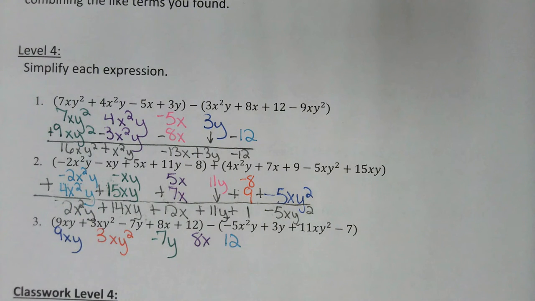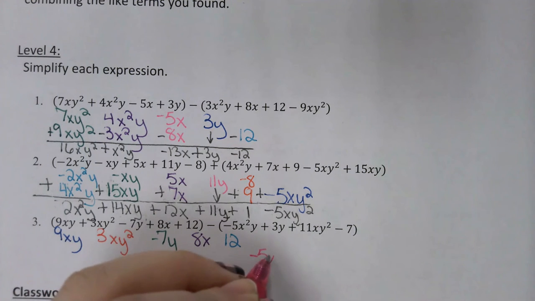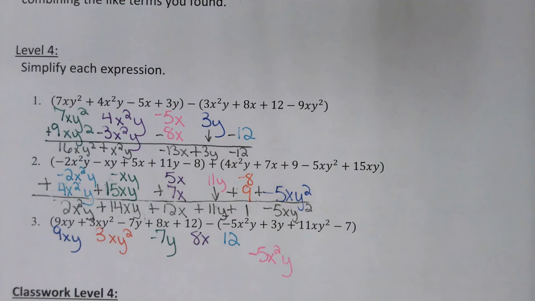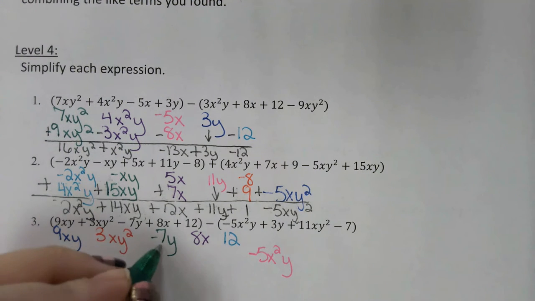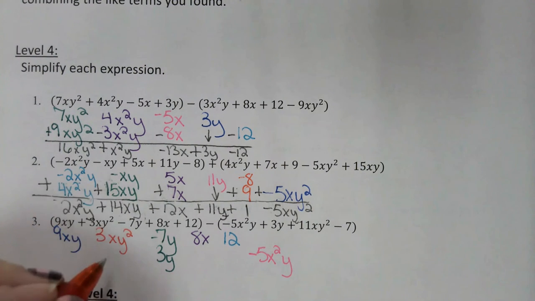For our second polynomial, we have a negative 5x squared y. So we need to put it in its own column because it doesn't have a like term to combine with. 3y can go underneath the negative 7y. 11xy squared can go underneath the 3xy squared.